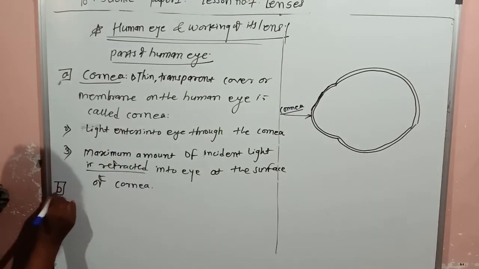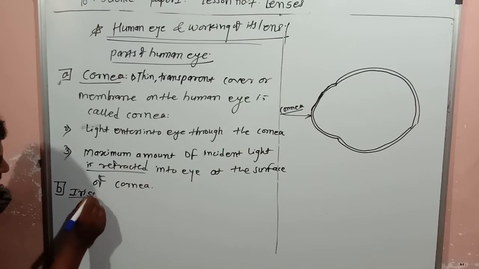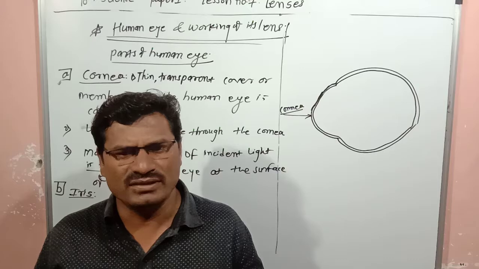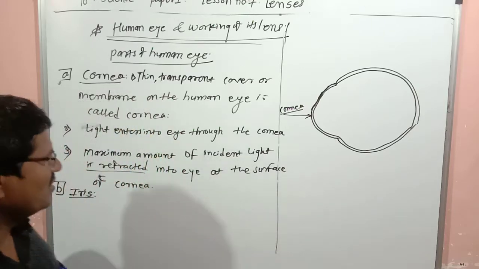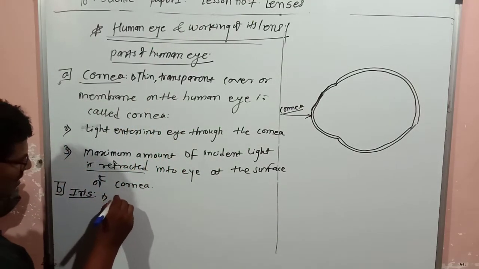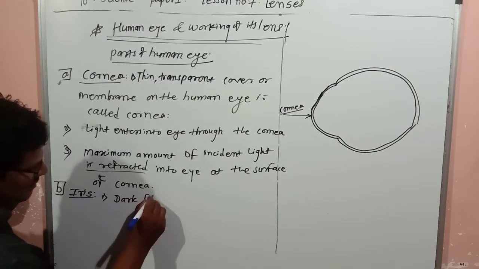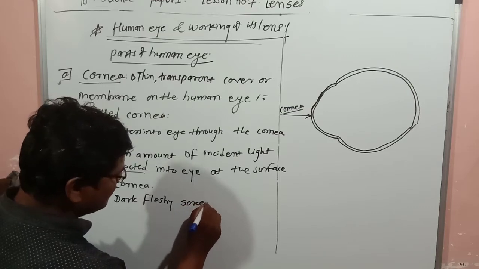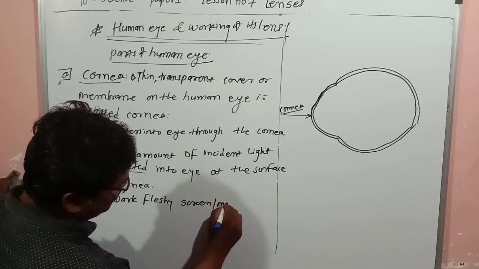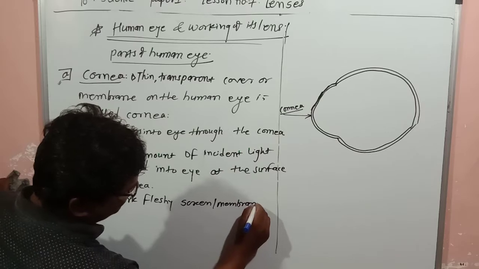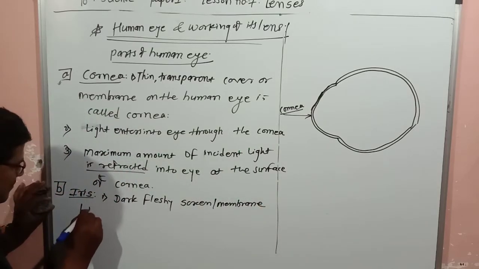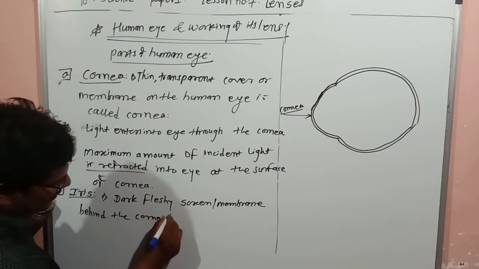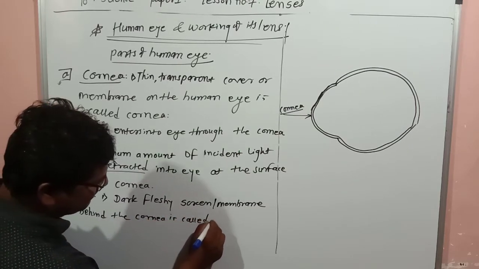Second, part B is iris. In case of the iris, the first point: dark fleshy screen, or you can also say membrane, behind the cornea is called iris.